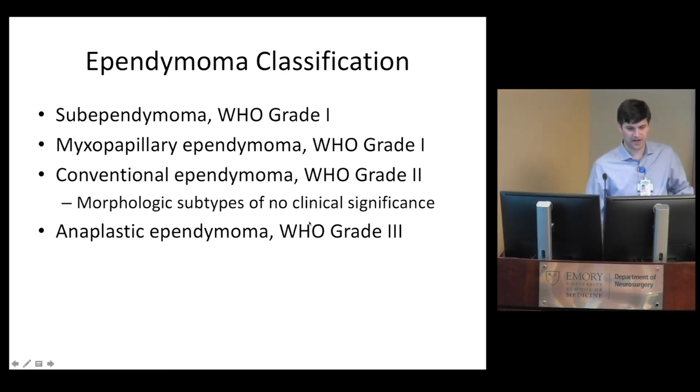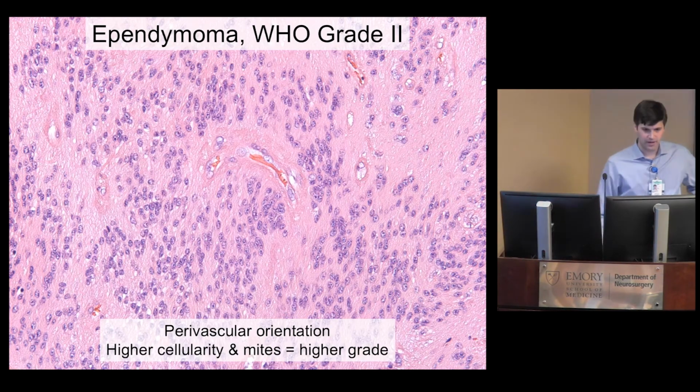Then if there's a lot of mitotic activity, we might call something an anaplastic ependymoma. But in general, the behavior of an ependymoma is more based upon the genetics or the associated clinical pathologic scenario. The grading doesn't make as big of a difference. So what does an ependymoma look like?